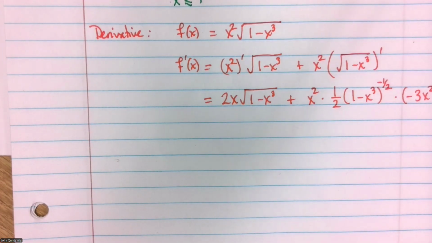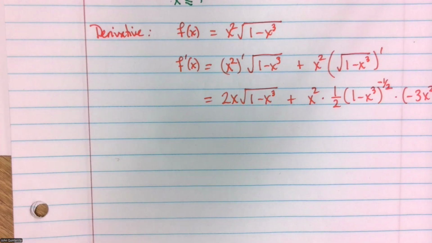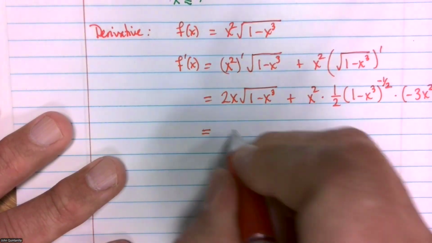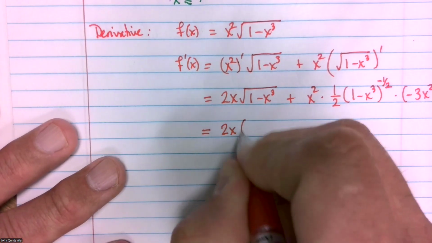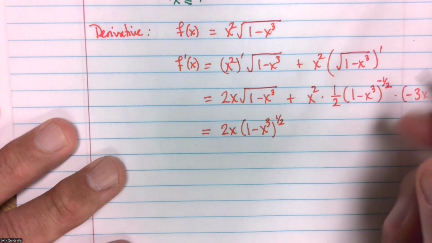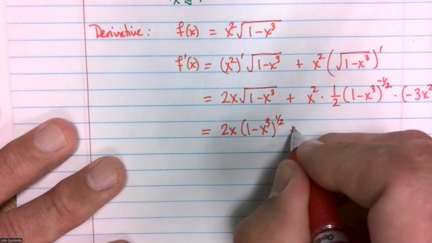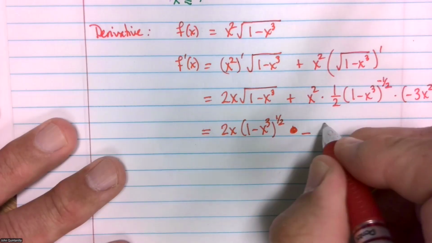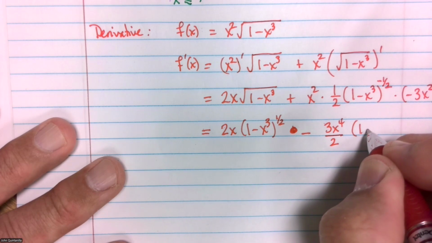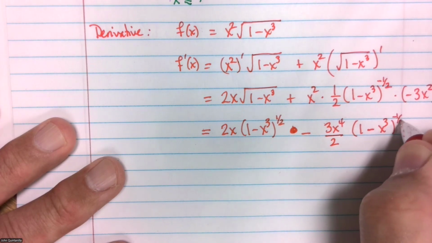Now, to be able to complete this problem, I must simplify this because I will be setting the derivative equal to 0. So it is certainly in my best interest to simplify this as best as I can. Let me write this as 2x times 1 minus x cubed to the 1/2, and then minus 3x to the fourth over 2 times 1 minus x cubed to the negative 1/2.